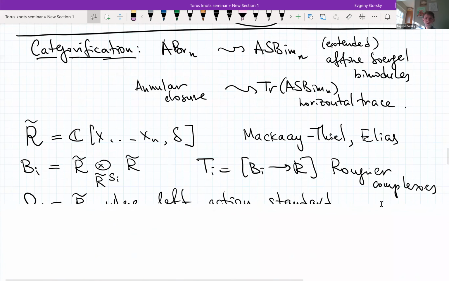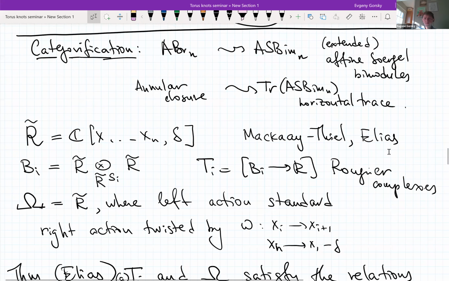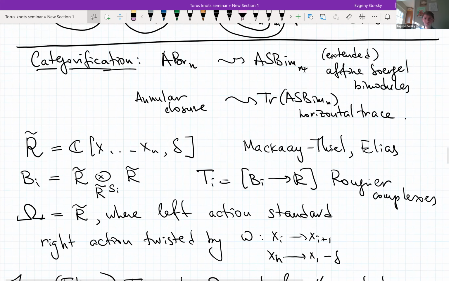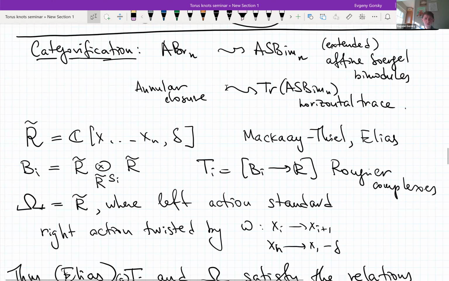So the affine braid group is categorified in a fairly standard way by the category of affine Soergel bimodules, or complexes of those, or extended affine Soergel bimodules to be precise. So that's a category which was defined by MacKay and Seal and revisited by Ben Elias in a very long and detailed paper. And so what are affine Soergel bimodules?